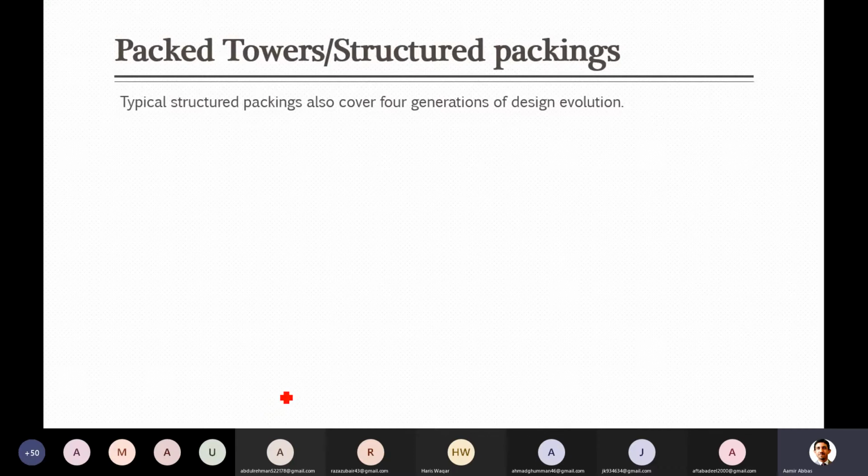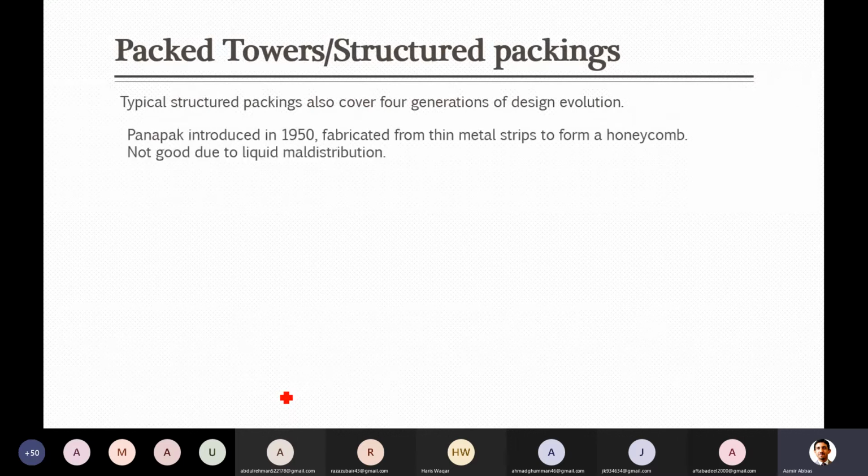There are also 4 generations of their design. Similarly, structured packing was also developed with the passage of time. Here there is one which is called Phantom Pack. By the way, its structure is not provided in your text, and I couldn't find it from other sources. The book mentions that this was introduced in 1950.